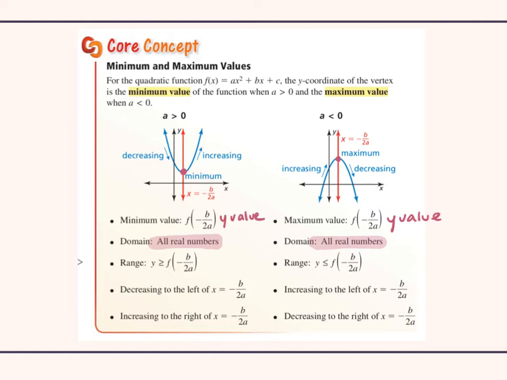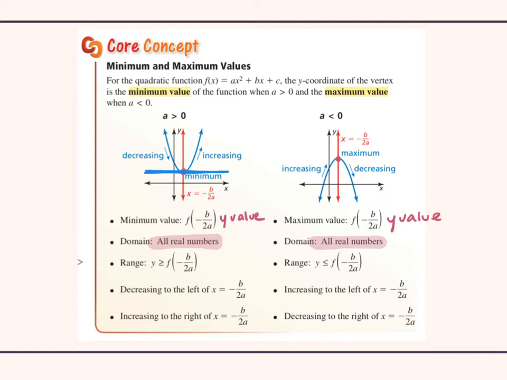Now for our range, we start at the very bottom of our graph and go to the top. So for the first one here, our graph doesn't start until we reach this point. So our range is always going to be the y value where our graph starts. And then if it opens up, it goes to infinity. So this would be the y value to infinity.